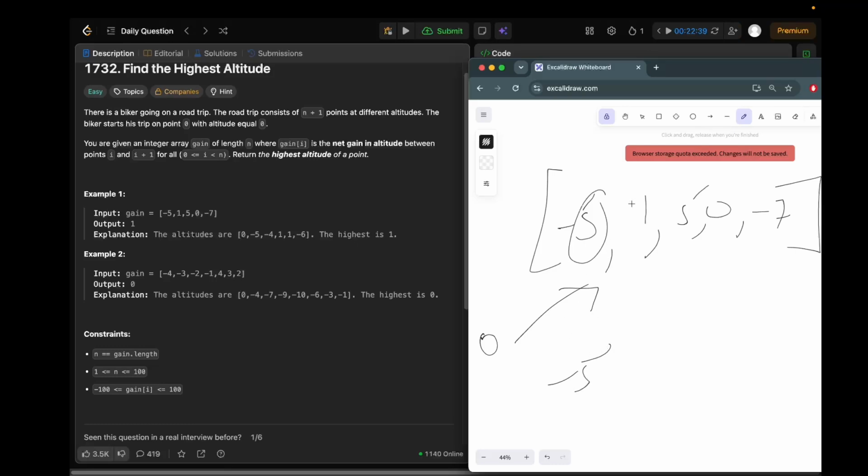And with the next integer, net gain is minus 4. So we are at minus 4 here. What is the net gain in altitude? Given an integer array gain of length n, where gain[i] is the net gain in altitude between this and this.